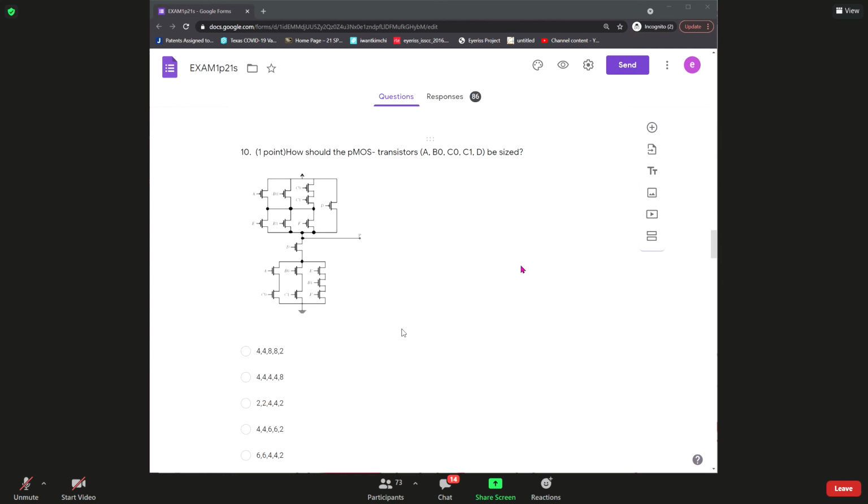And you just don't remember the linear expression. If you ask me, I will give it to you. But in that problem, if you ask me, can you give me the current equation for saturation mode, linear mode, and cutoff mode? I will not give it to you because you don't need them, right? Is that sort of clear?